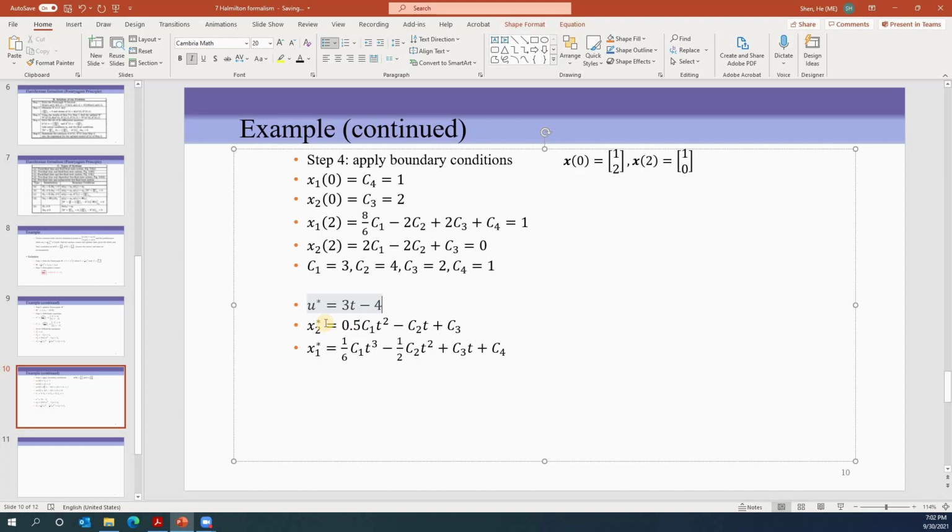And x2 star, this is the optimal state, that is equal to 0.5 C1, so that gives us 1.5 t squared minus C2, 4t, plus 3, which is 2. And the last one is 1 over 6 times C1, the 3, this is 0.5 t cubed minus 2t squared plus 2t plus 1. So this is how we find an optimal control and an optimal state.